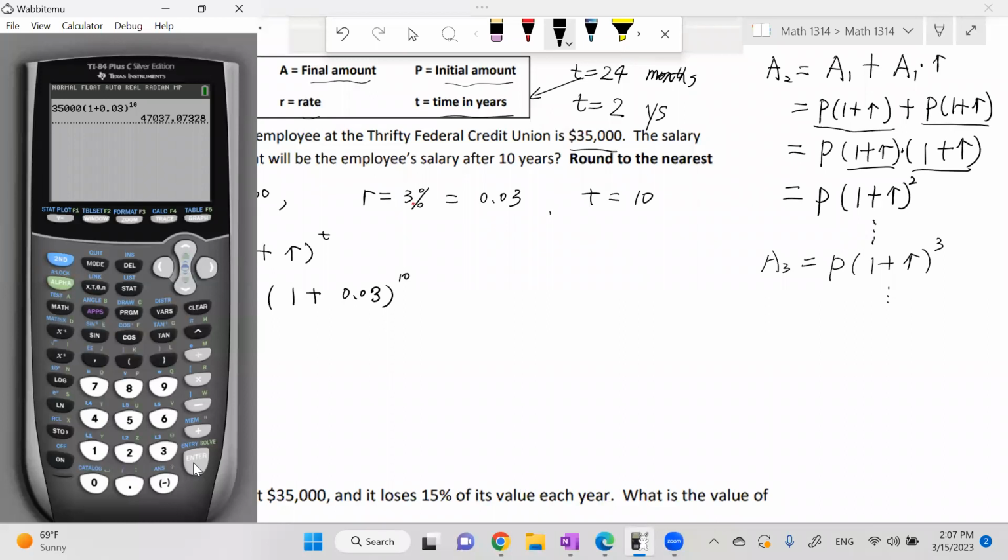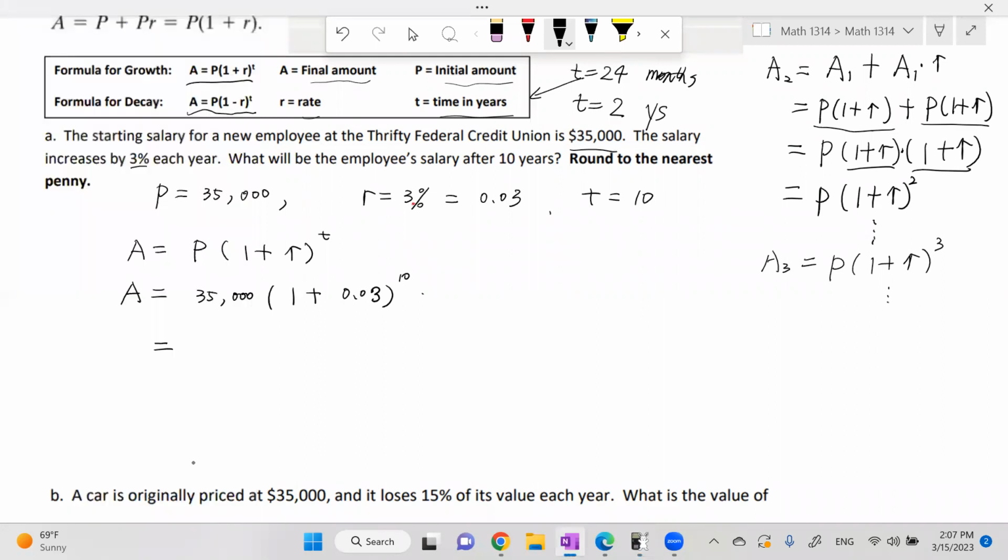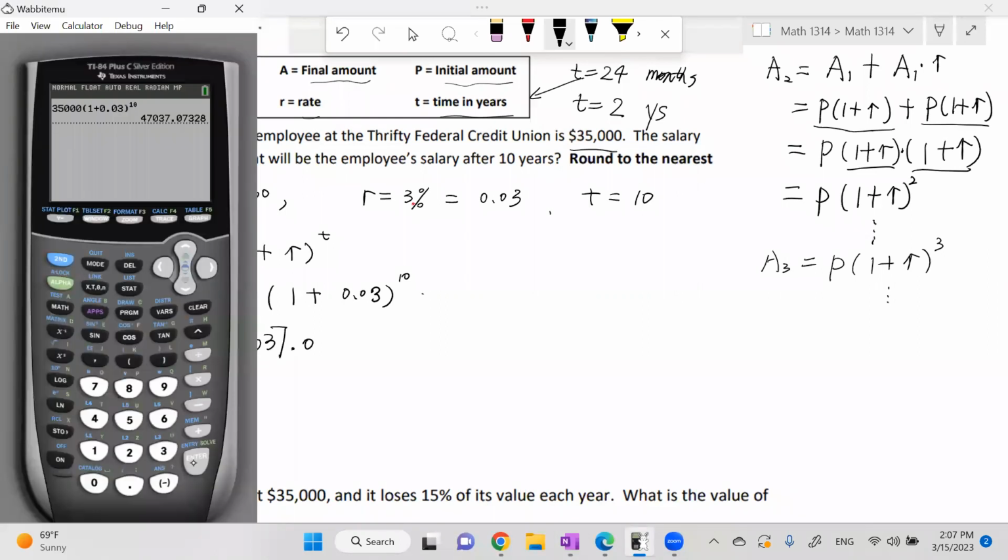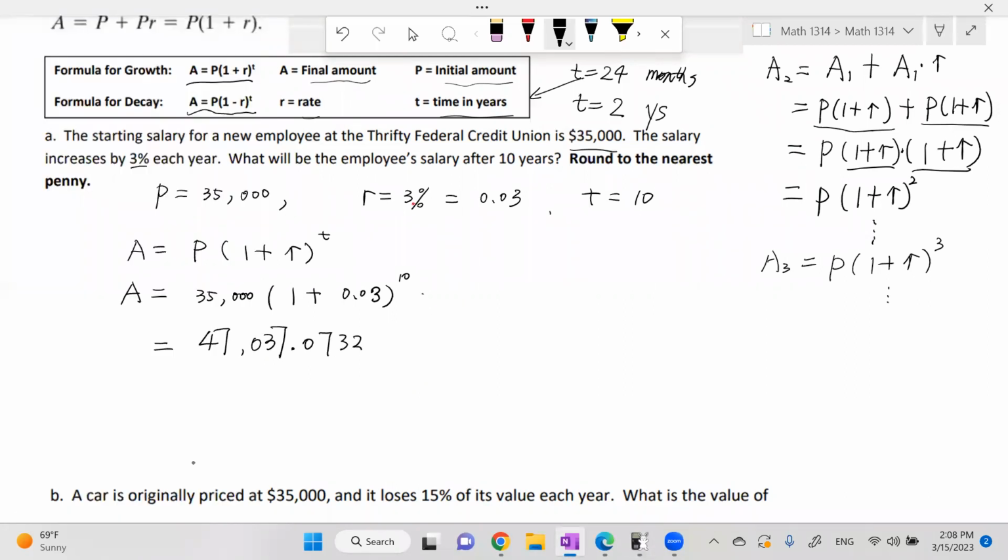So we must have the amount of money like this. Let me copy down. I can't memorize them. 47,037.328.